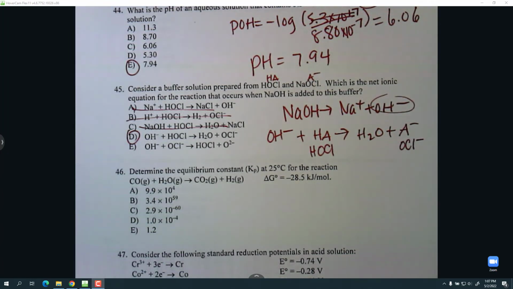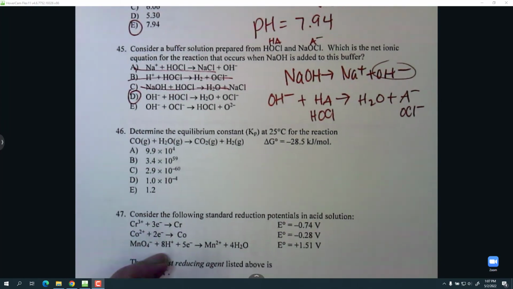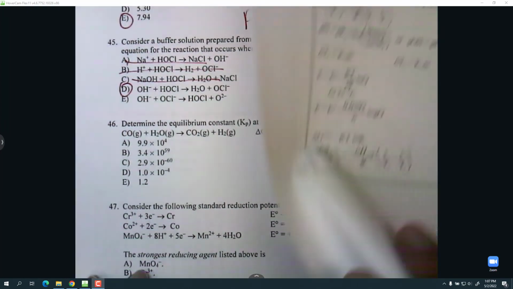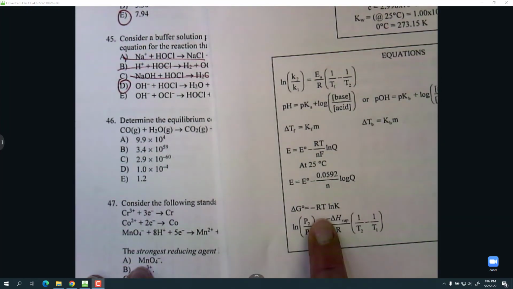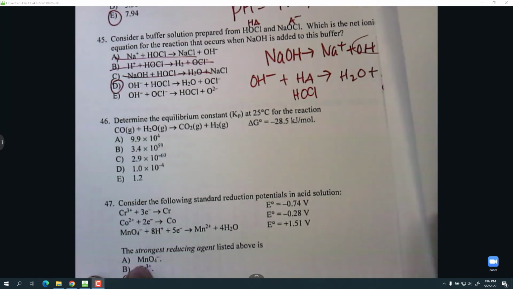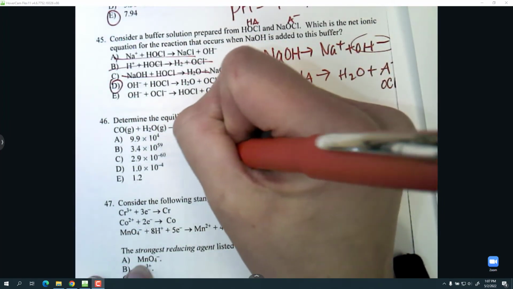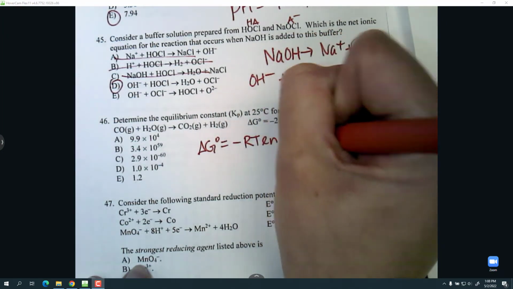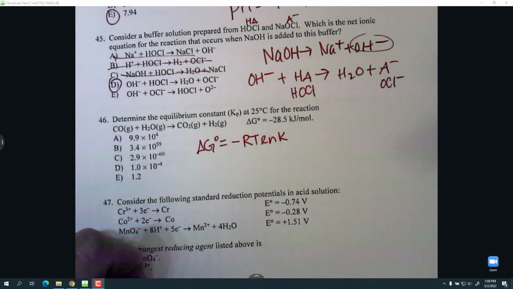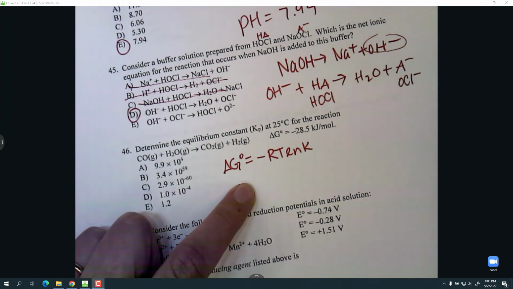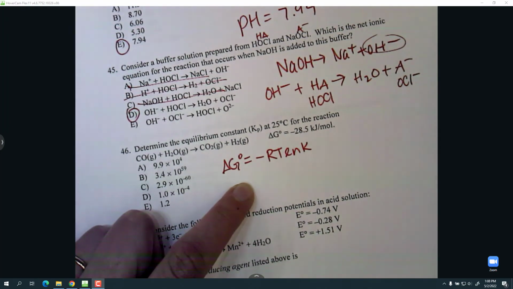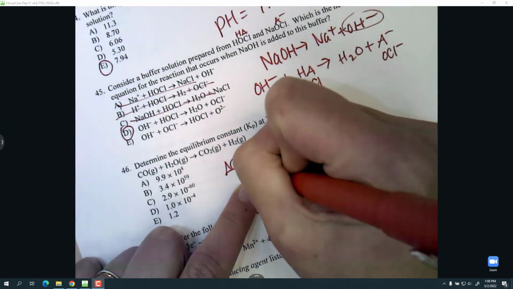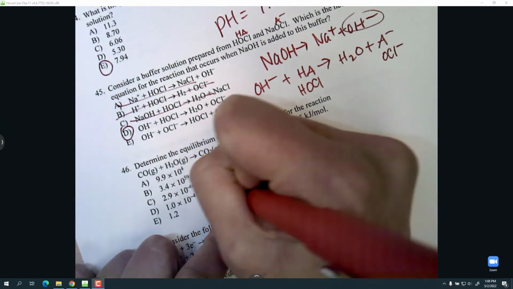All right, determine the equilibrium constant. If I'm given a delta G, I do have an equation on my equation sheet for that. Delta G equals negative RT natural log of K. I need to get K by itself because that's what I'm solving for here.